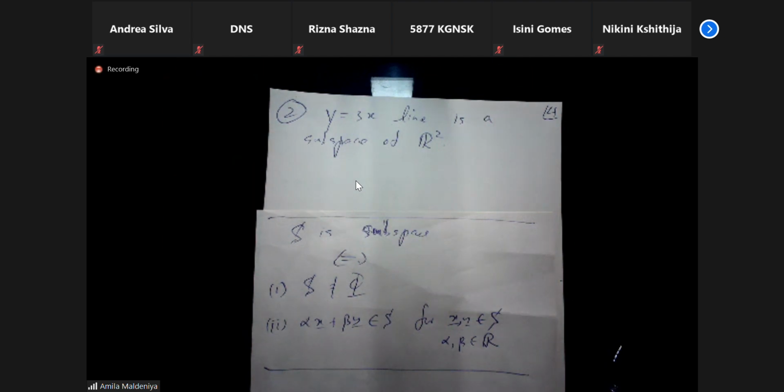Otherwise, just tell me in the chat box. Just type if you have got the solution quickly. Could somebody prove that this is a subspace? Yes, questions? You can ask if you have any questions also.